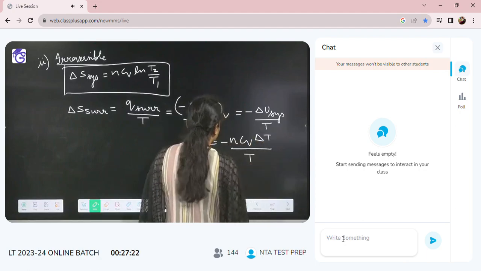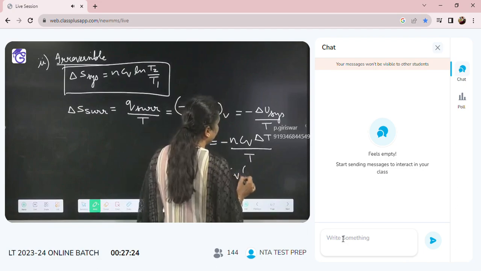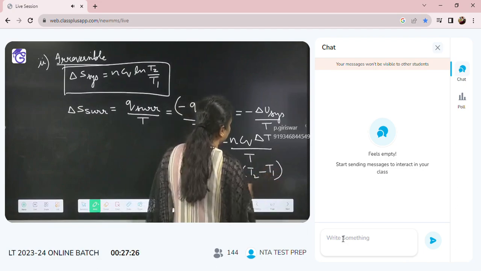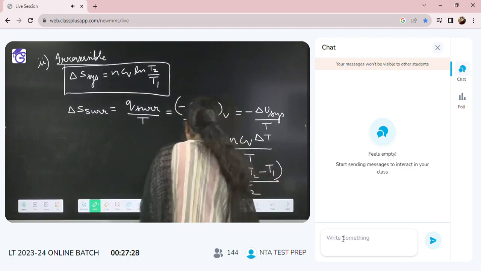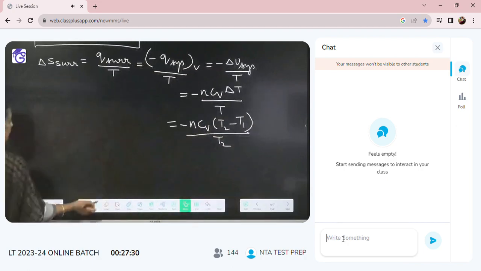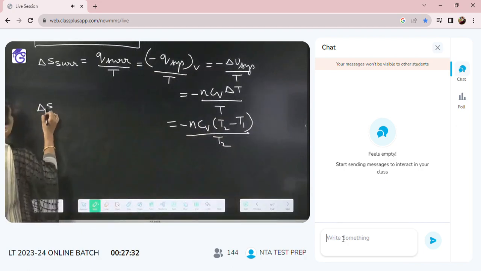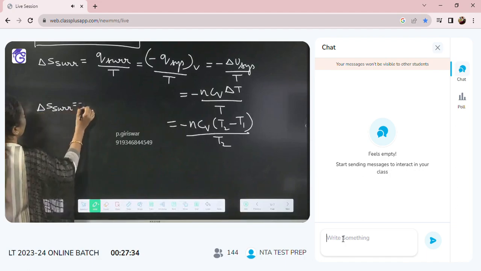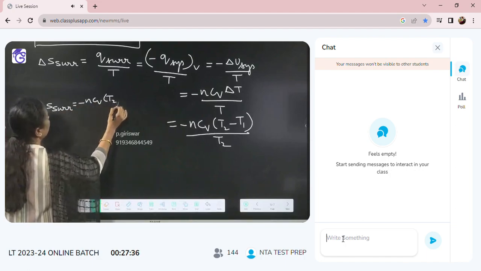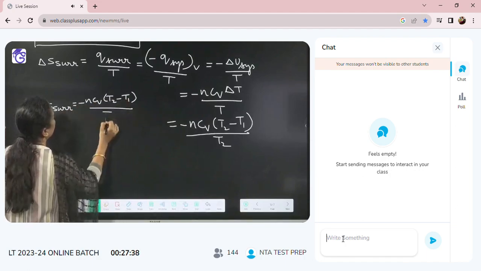It is exactly going on the same line as what we have done for the constant pressure, except for the change there, that Cp has been changed by Cv. So our delta S surrounding formula has become minus NCV T2 minus T1 upon T2.